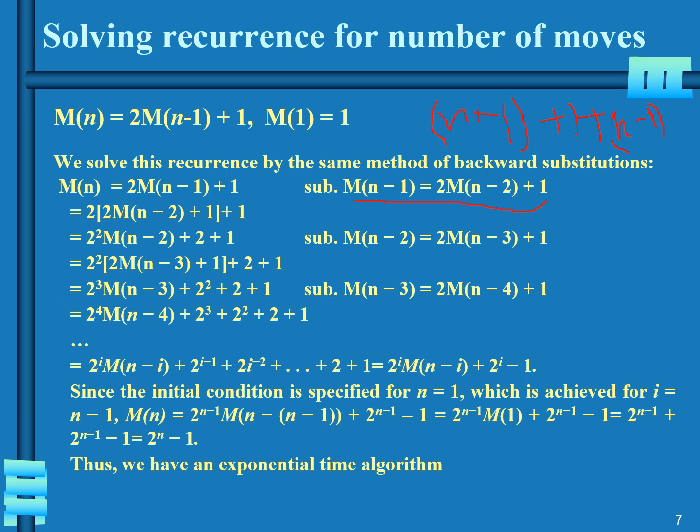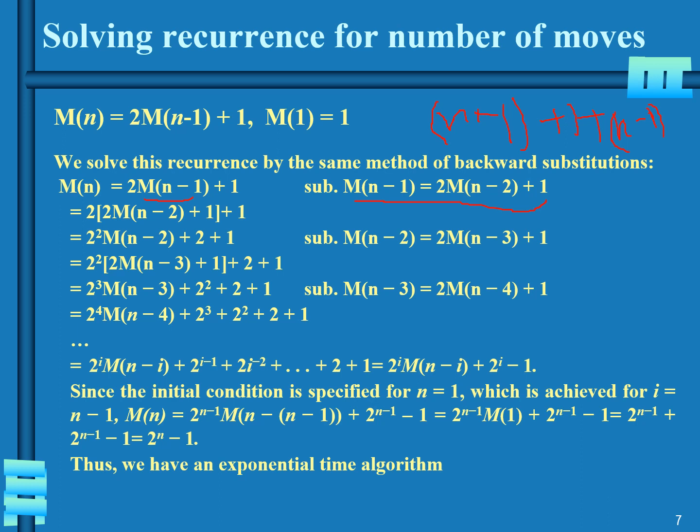For m of n minus 1 alone, you substitute the value 2 into m of n minus 2 plus 1. So you take the 2 outside, and the 1 stays as such. Okay, so you simplify this. You take the 2 inside the bracket: 2 square m of n minus 2 plus 2 into 1, 2, plus 1.